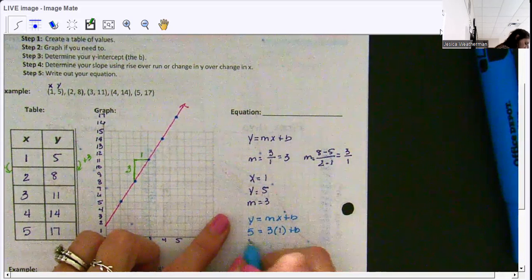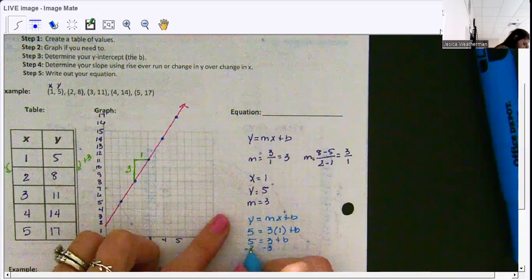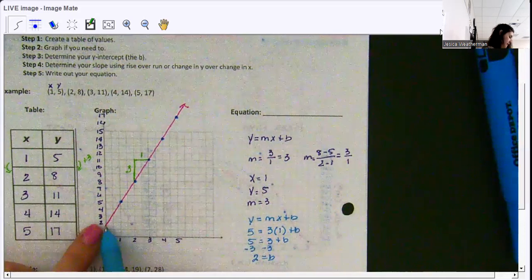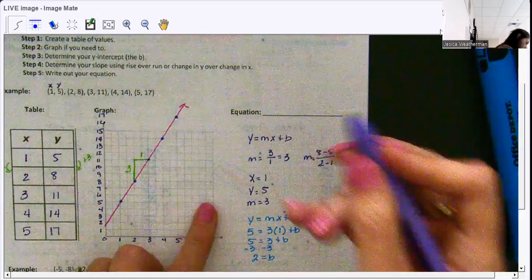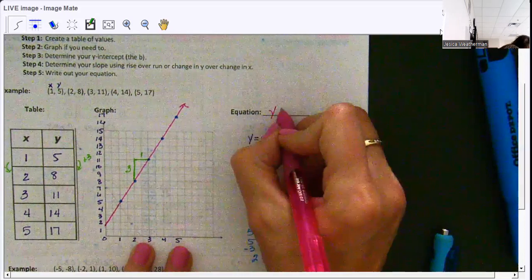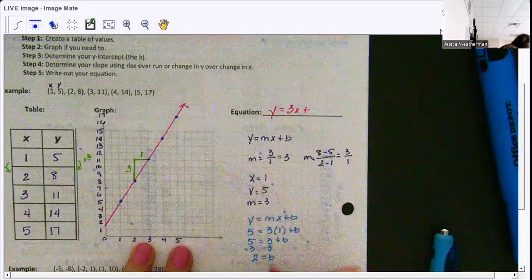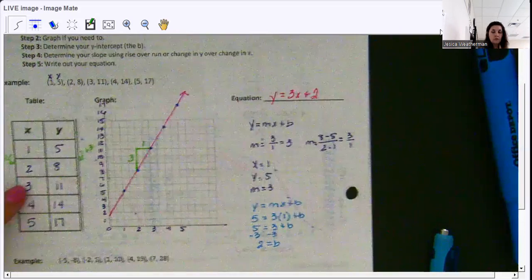So I get 2 is my b. And you'll notice that I'm very close to the 2 on my table. So when I write out my equation, I get y equals my slope, which is 3, x plus my y-intercept, which is 2. So that's the equation for this graph.